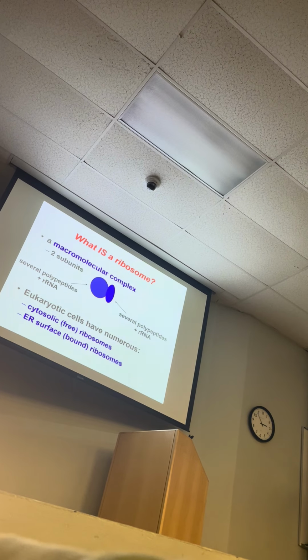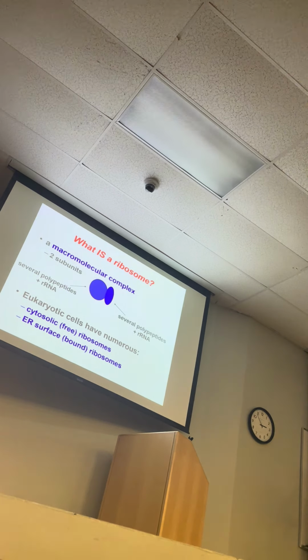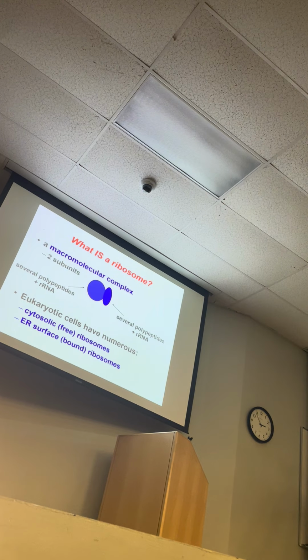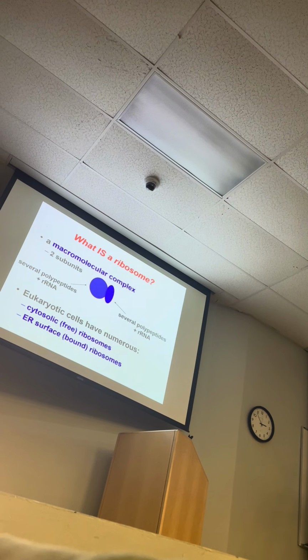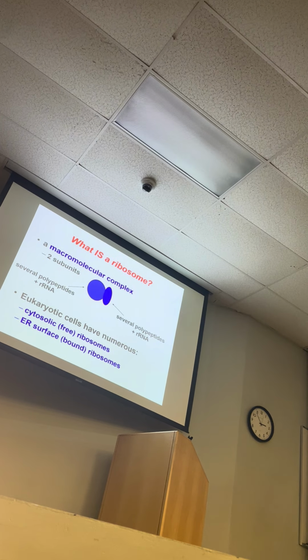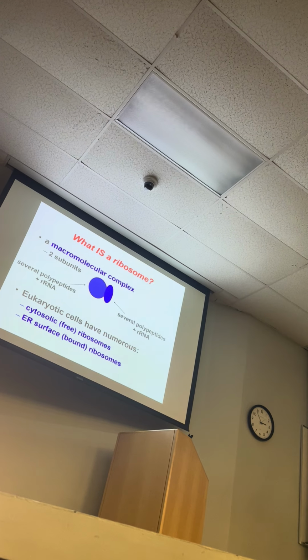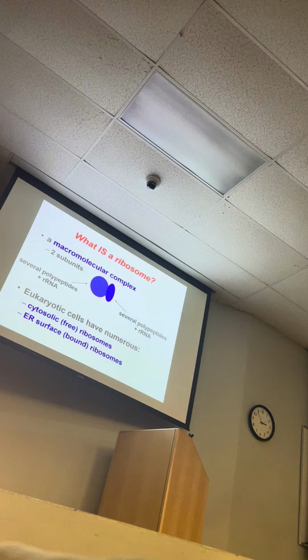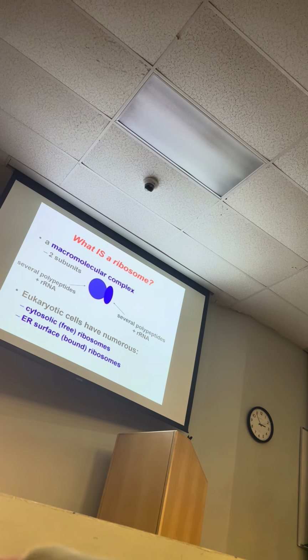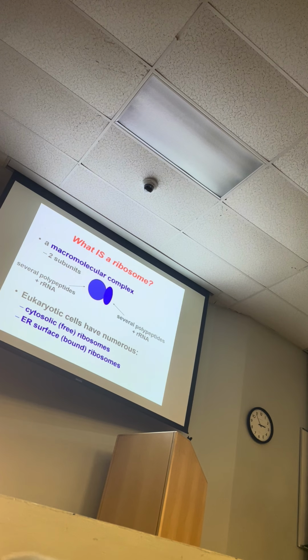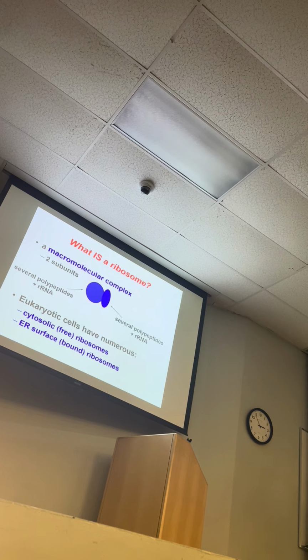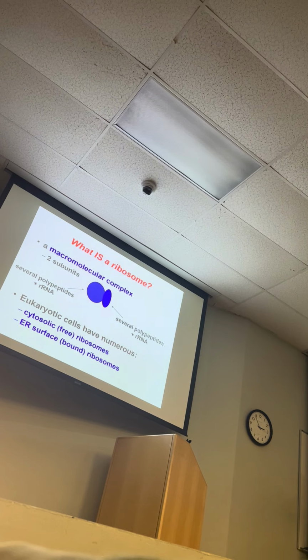Everybody has ribosomes, okay? Because everybody has what? Protein. Oh my gosh, yes. Everybody now. Every bacteria to euglena to frog to orchid to everybody has protein. So everybody has ribosomes, the ability to make protein.